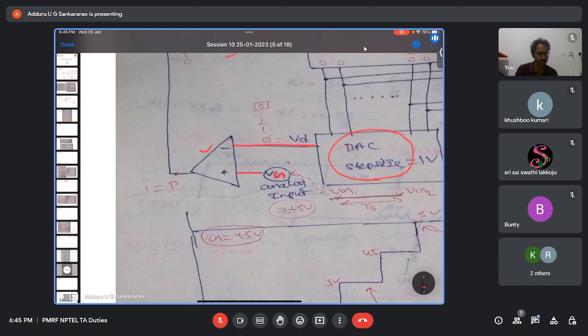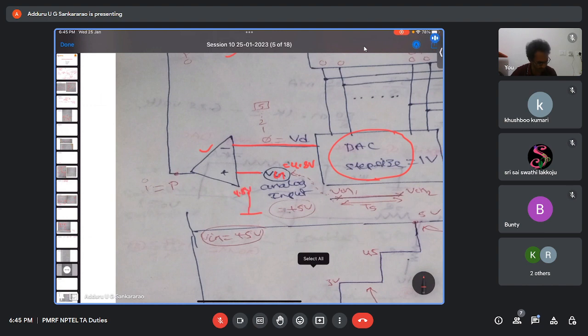Whatever sample we want to convert into digits. Let us say our sample input Vin is 4.8 volts, that we want to convert into bits.